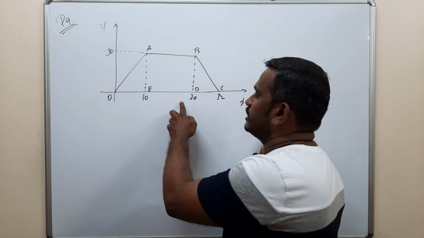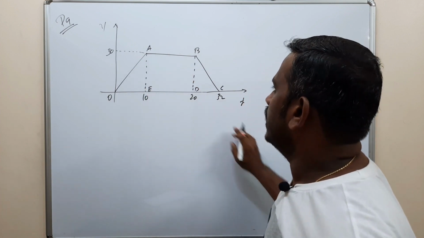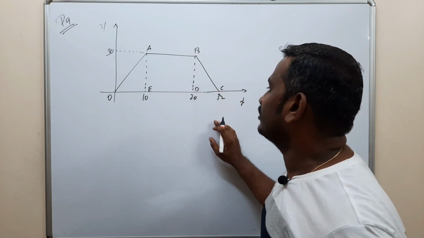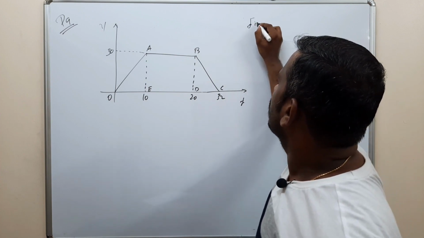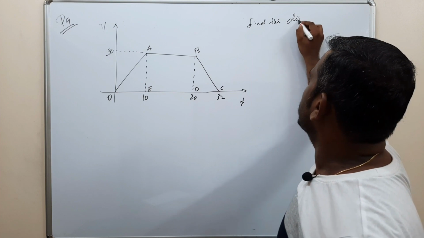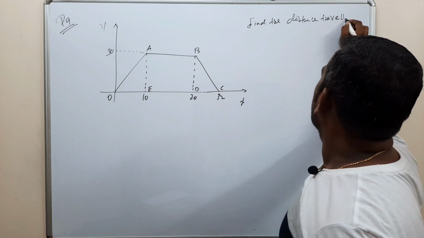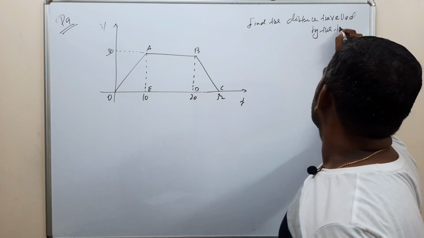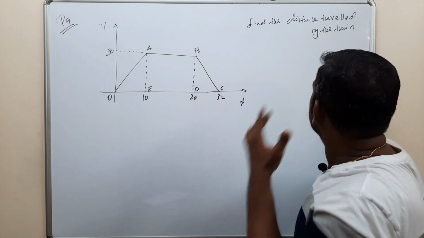From 10 to 20 seconds it runs with the constant velocity of 30 meter per second, and after that it starts to decelerate. At time t equal to 32 seconds it comes to rest. Find the distance traveled by the train.